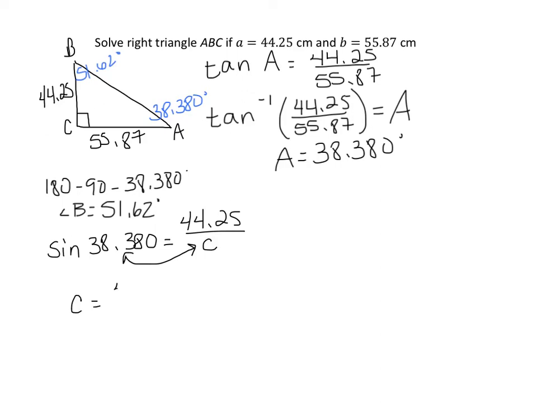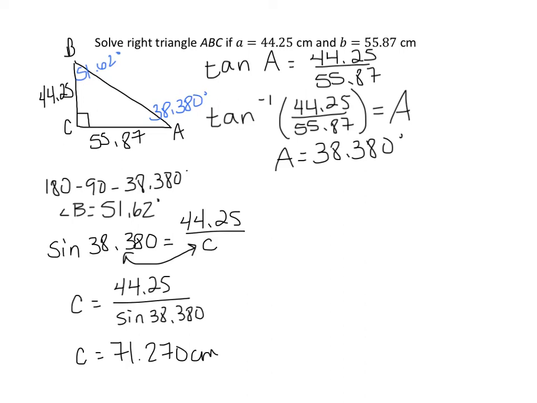C is equal to 44.25 over the sine of 38.380. For this, I get that side C is equal to 71.270 centimeters.